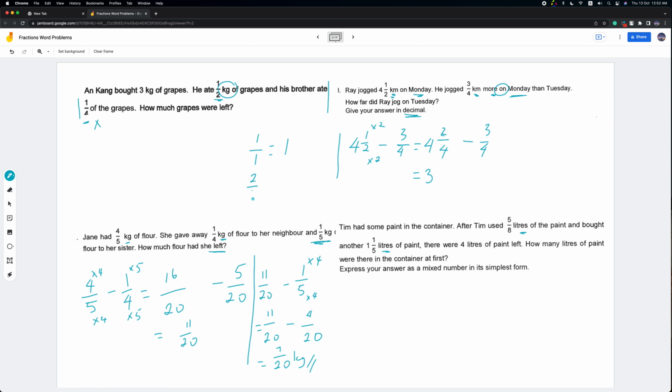If I do 2 over 2, will it be 2 wholes? Nope. As long as the denominator and numerator are the same, it will always be 1 whole. If you like, you can take 10,000 over 10,000. That will give you 1 whole also. Okay, let's continue with our question.